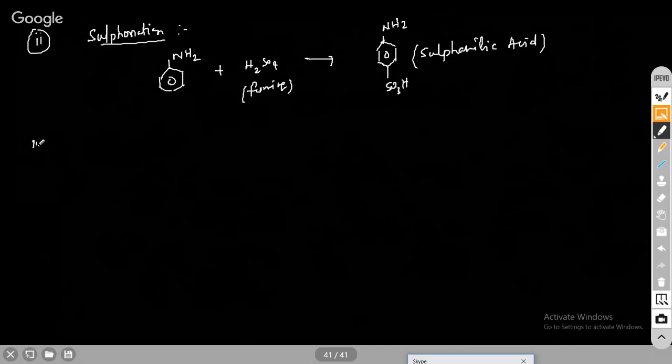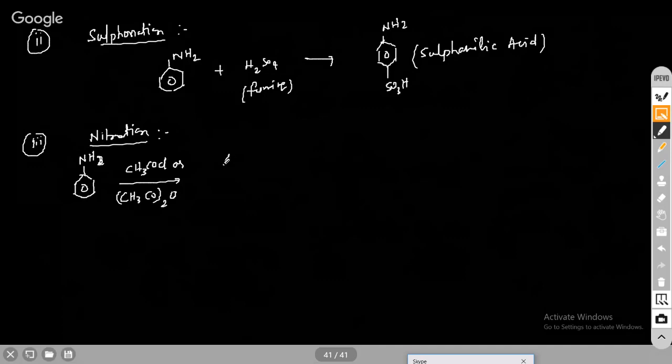Third one is nitration. This is also the same reaction as we have done for halogenation. NH2. First of all, we use CH3COCl, or we can use (CH3CO)2O, and the product we get is NHCOCH3.